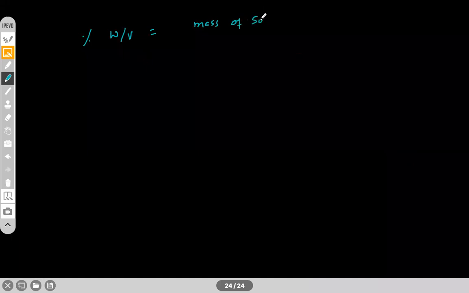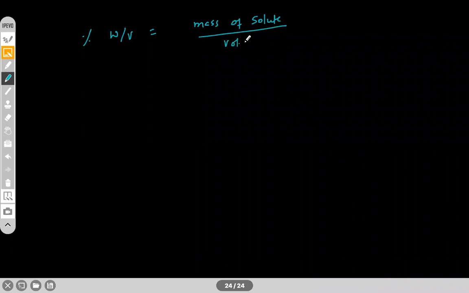So percentage weight by volume is mass of solute divided by volume of solution in ml, into 100, right? We can convert this into molarity.